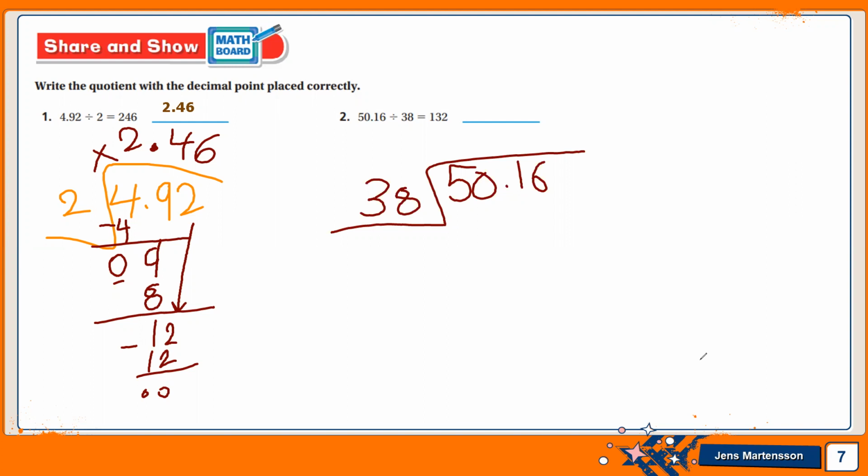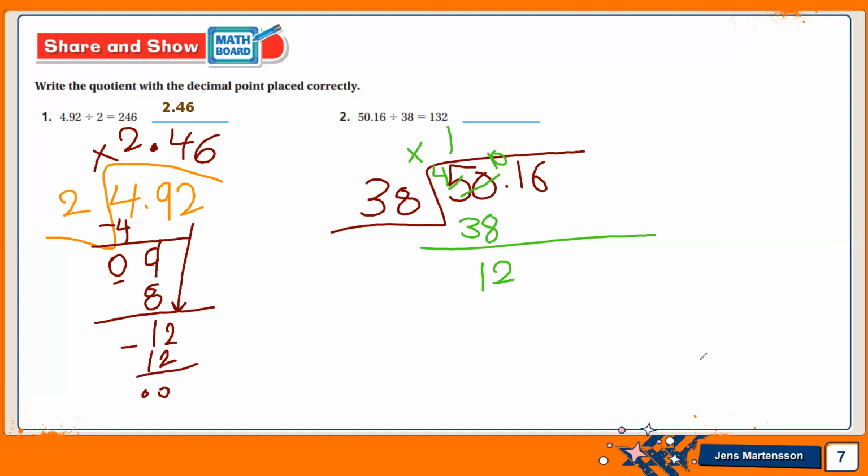Bravo. 1 times 38 is 38. Yalla, now let's subtract. This is 10 and this is 4. 10 minus 8, 2. 4 minus 3, 1.